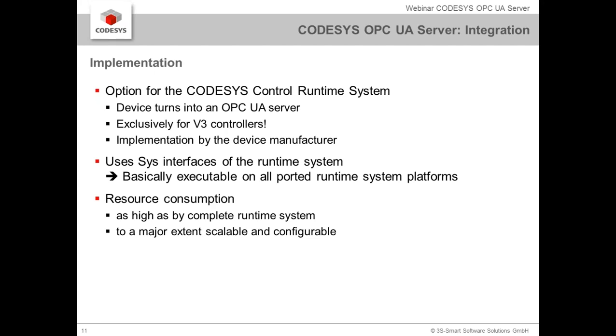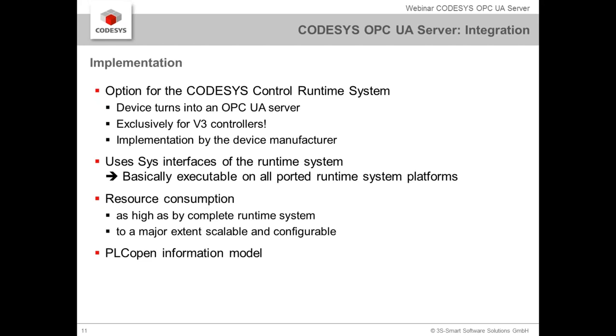So for the OPC UA server you need almost the same resources as for the complete runtime system. Even if you may scale or configure the OPC UA server, so there might be less performance and less memory of the controller needed, we'll talk about that later on. It's probably not that suitable for very small controllers.